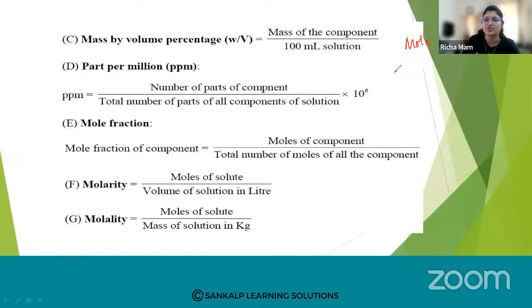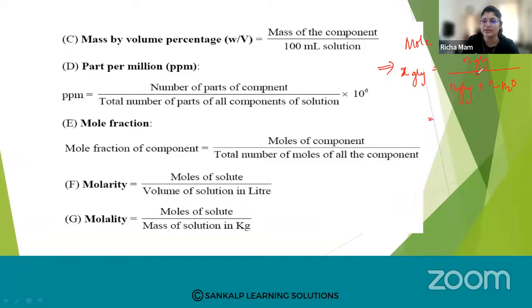So how do you calculate the mole fraction of glycol? We know how we calculate. The mole fraction of glycol will be the number of moles of glycol divided by the number of moles of glycol plus the number of moles of water.